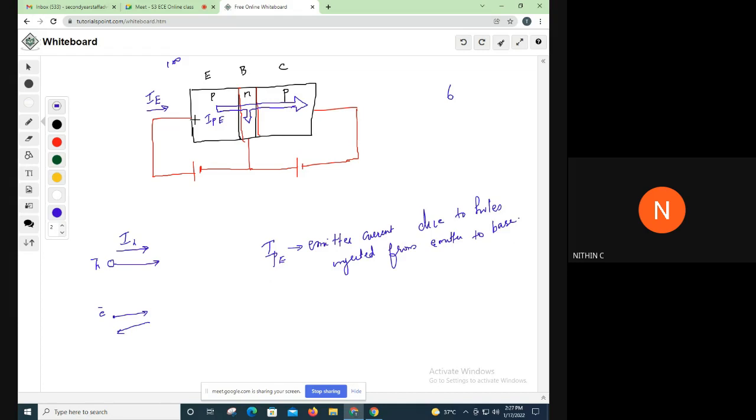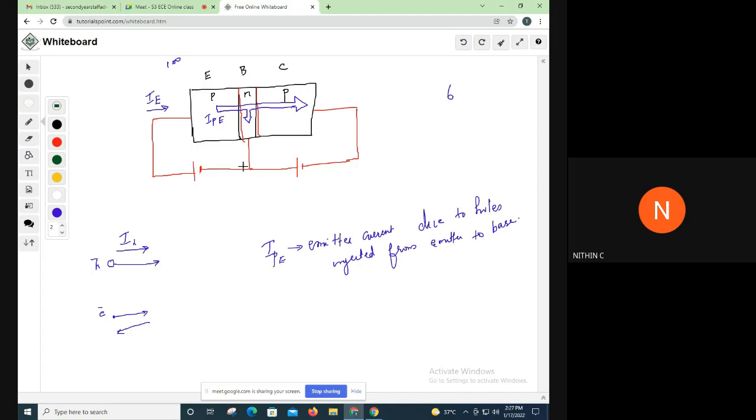Then in a similar manner, you know that you will be having some minority carriers also. Like on the P side, you will be having some minority carriers also. I am going to represent that. So electrons are the minority carriers over here. And what will be the direction of motion of electrons? If I am connecting the positive terminal here, the electrons, which are the P side minority carriers, which way will they move, towards left or right?